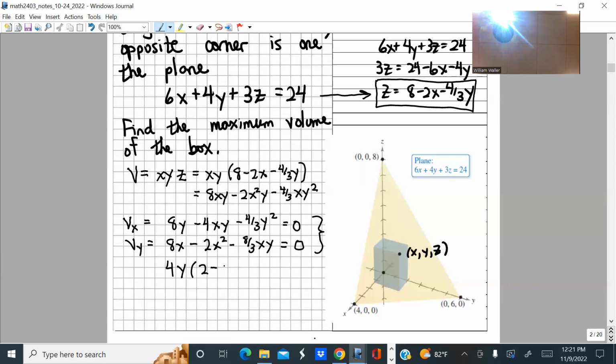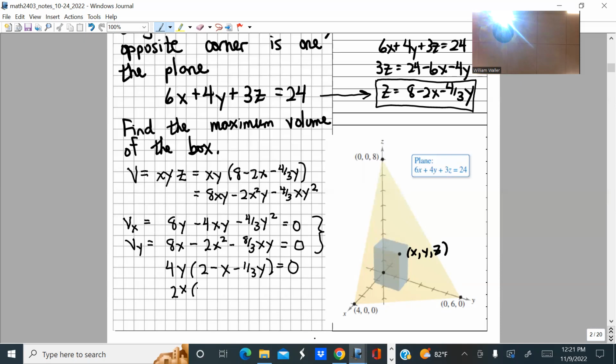2 minus x, and then here, one-third y. And then from this other one, we can factor something else out also, right? An x for sure, but also a 2. We can factor a 2 out at least.